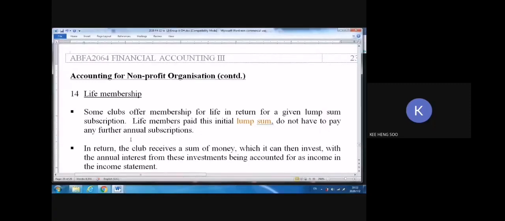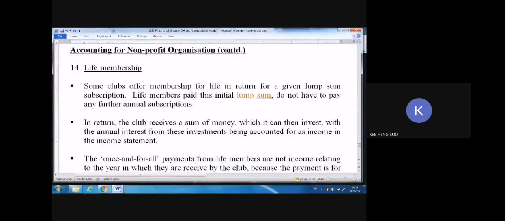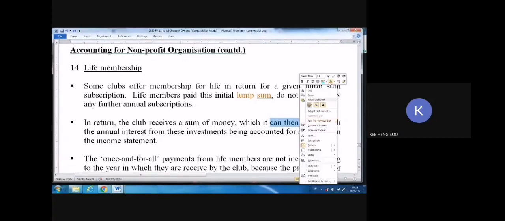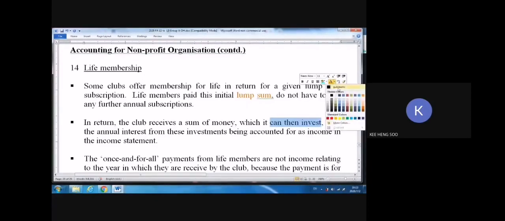So when the club receives this sum of money, they can invest in the fixed deposit. Once they invest, this one is called capital receipt. The money you collected cannot be used. It's not income, but it's called capital receipt.